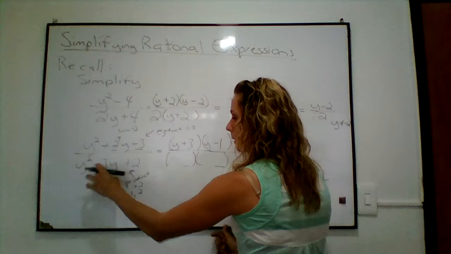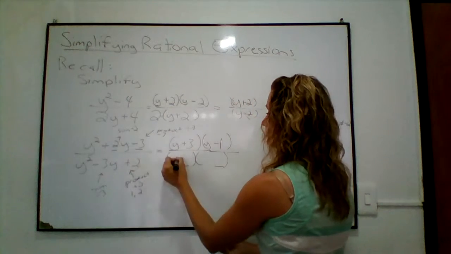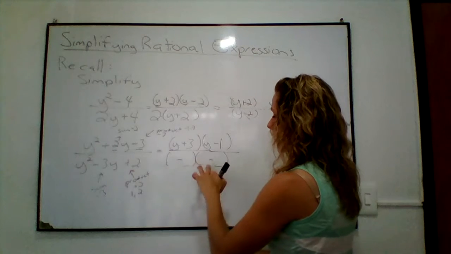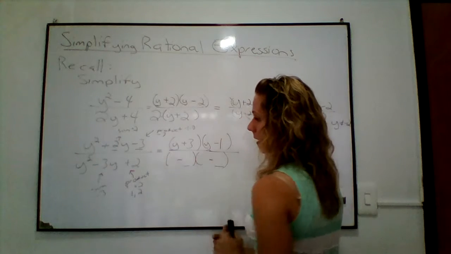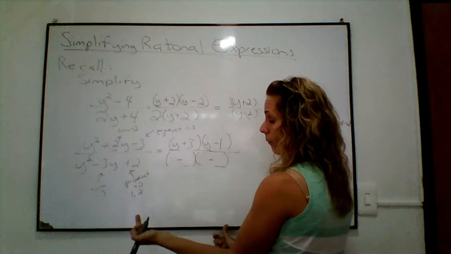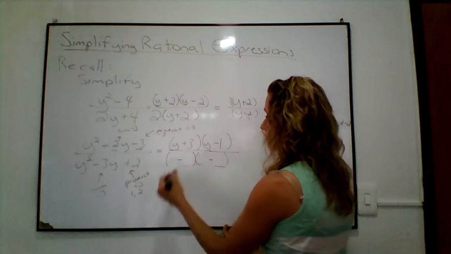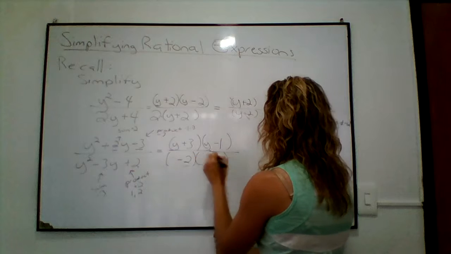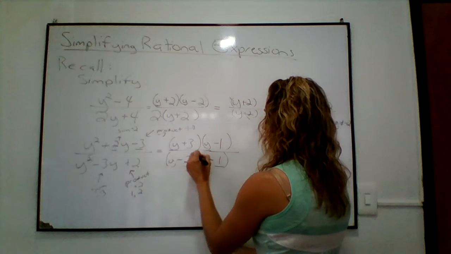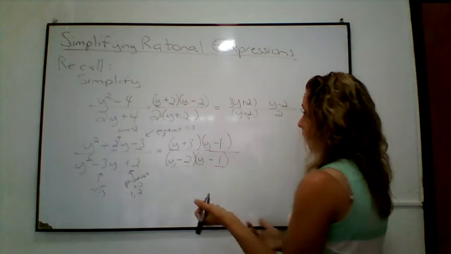Because we have a negative middle term and a positive last term, we should have 2 negative numbers. It's the only way to multiply and get a positive here, but a negative here. We know we need 1 and 2. And to get that y squared, we still need the y's.